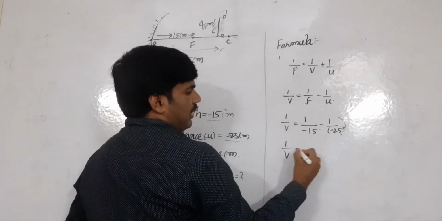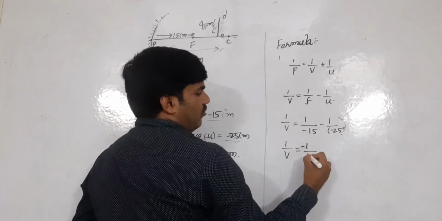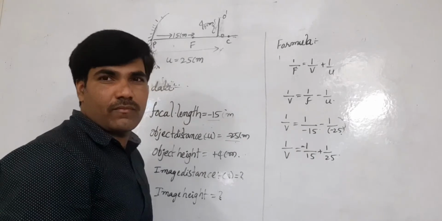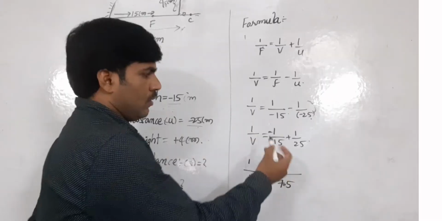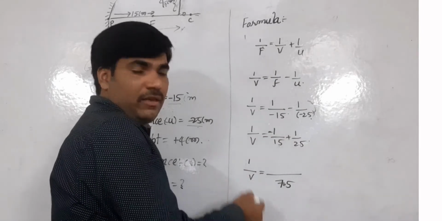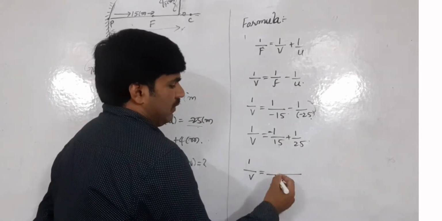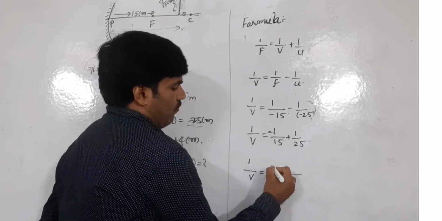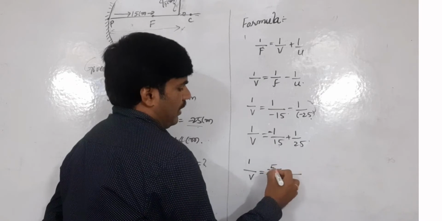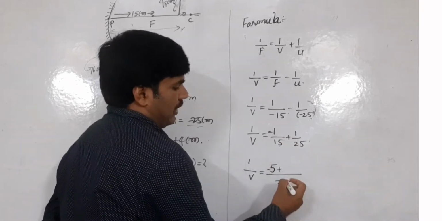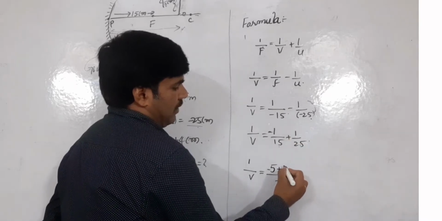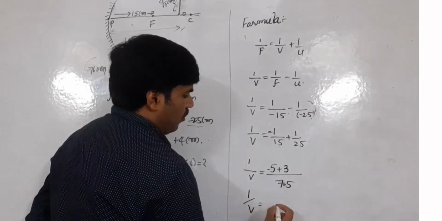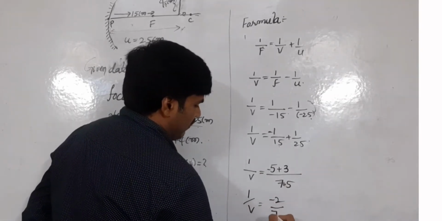It is also written as 1 by v is equal to minus 1 by 15 plus 1 by 25. Here the LCM of 15 and 25 is 75. Now it is written as minus 5 plus 3, so 1 by v is equal to minus 2 by 75.